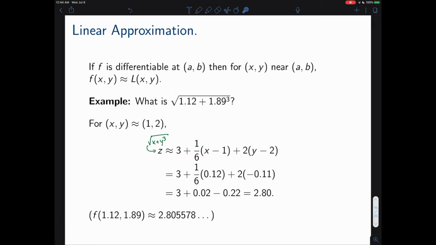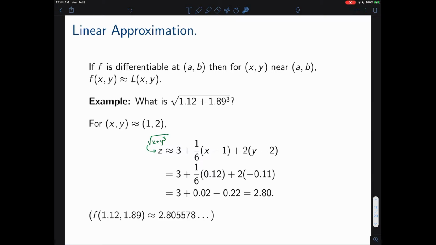Obviously, if you're in a high precision setting and you need more than 2 decimal places, maybe you need to go beyond linear approximation. But while we lose the massive accuracy, look at what we gain. This was so simple. We did not need a calculator to find this linear approximation. It is a very simple procedure and a simple outcome, right?